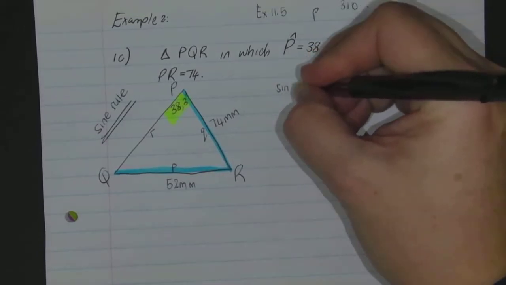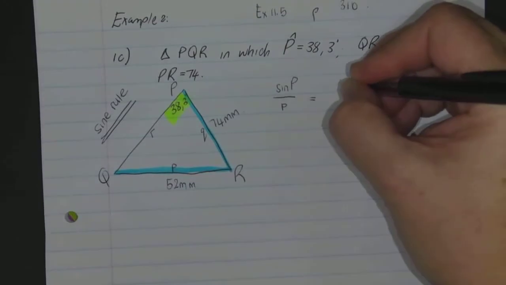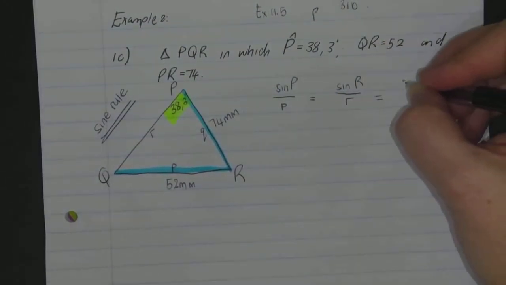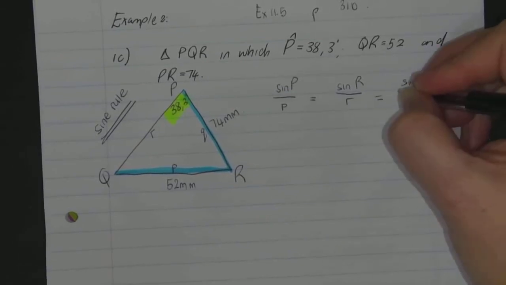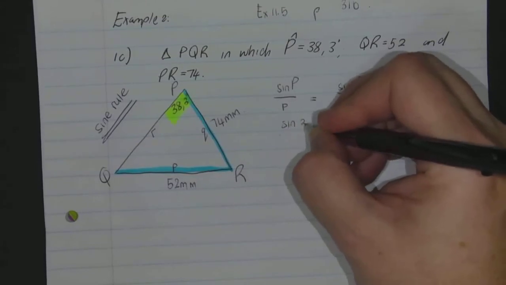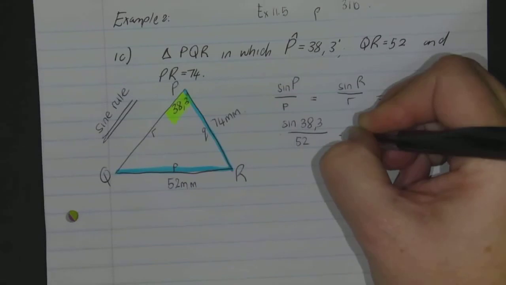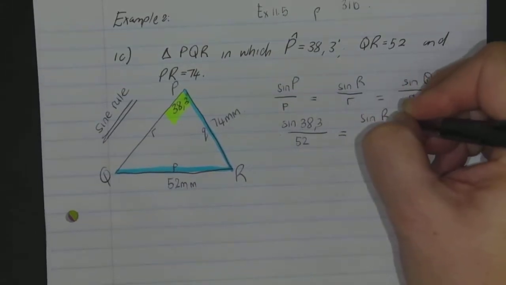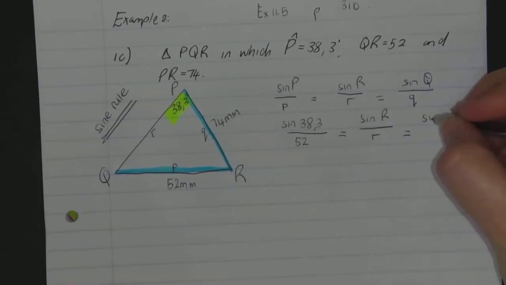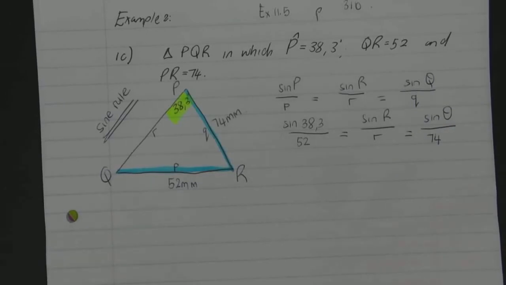The sine rule says that sine P over side P is equal to sine R over side R equals sine Q over side Q. So I can say sine 38,3 over 52 is equal to sine R over R. I don't know anything about that, but I do know that side Q is 74.